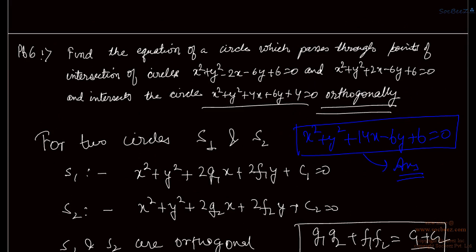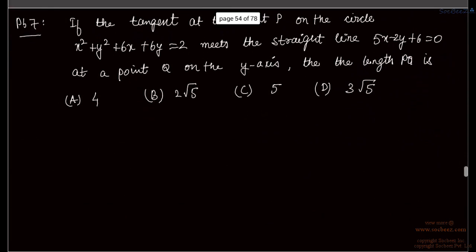So this is our answer. This is the solution. So this is the equation of the circle which is passing through the point of intersection of these and also is orthogonal to this circle.